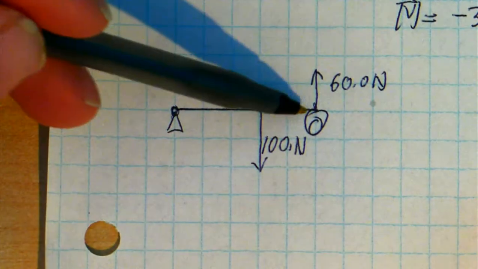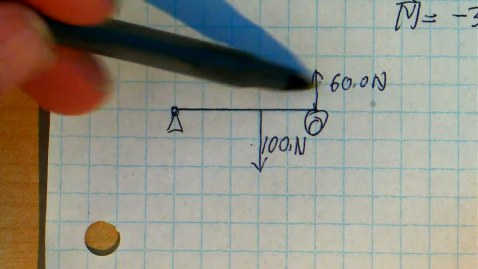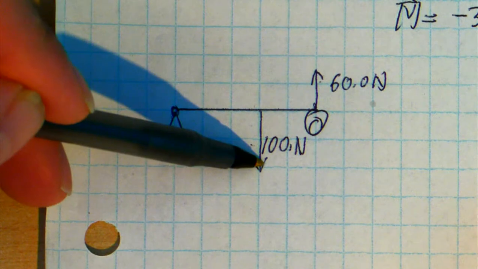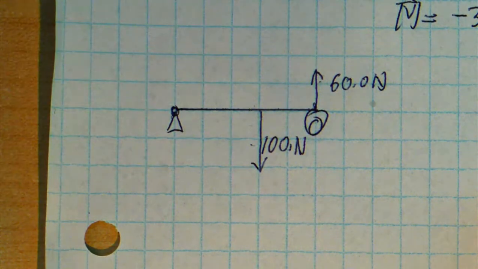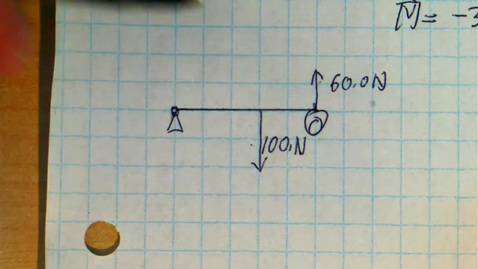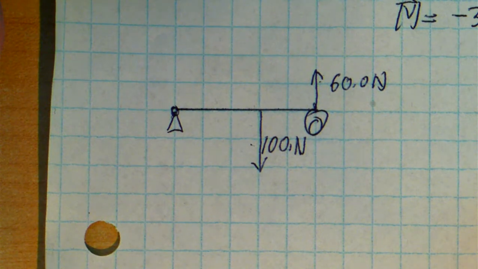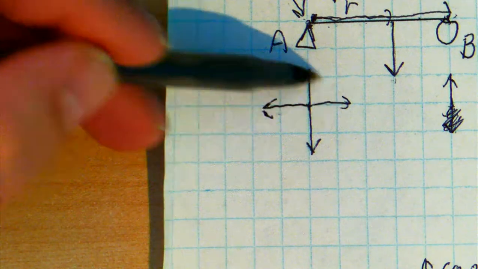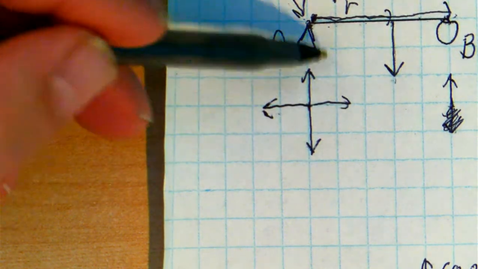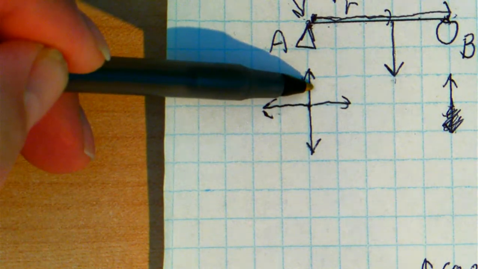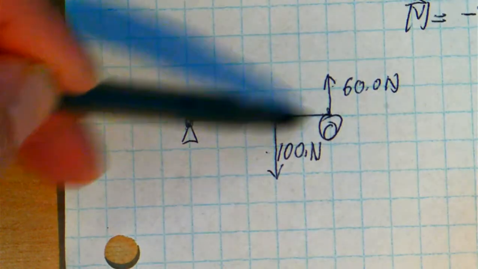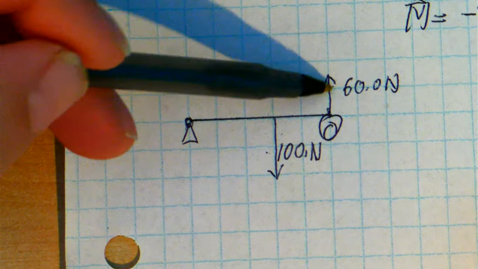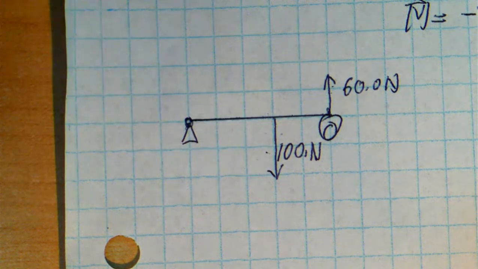The sum of all the forces in the vertical direction do not yet add up to 0. I've got 100 newtons going down. I've got 60 newtons going up. And so now I do the sum of all the forces in the vertical direction. And clearly, acting through the pivot, there must be a vertically upward force canceling 40 newtons of downward force.